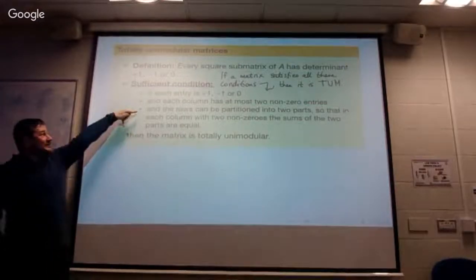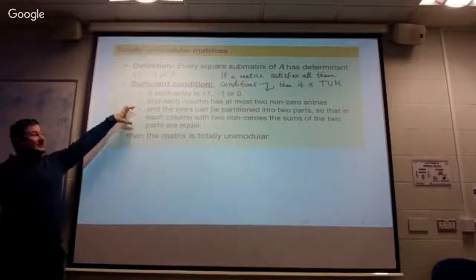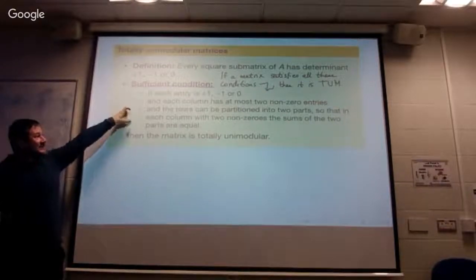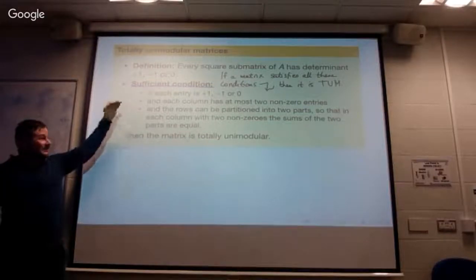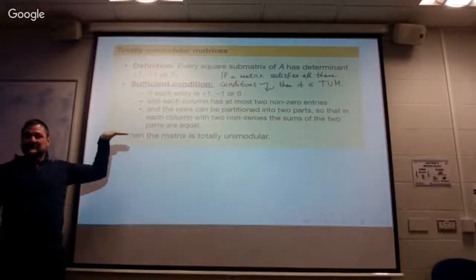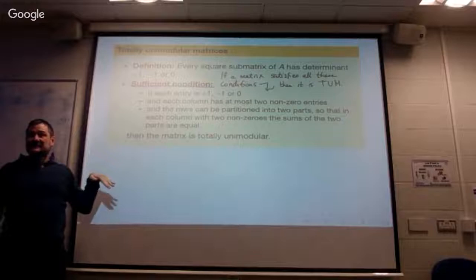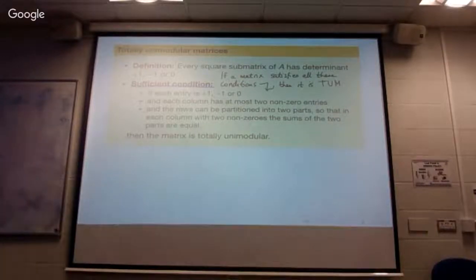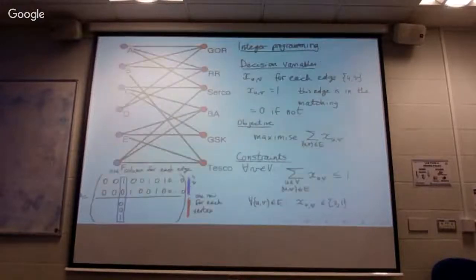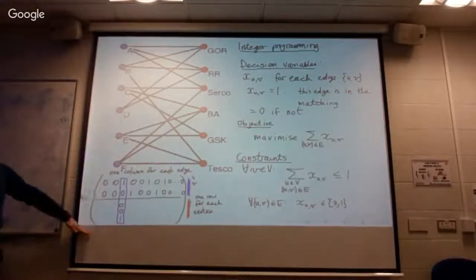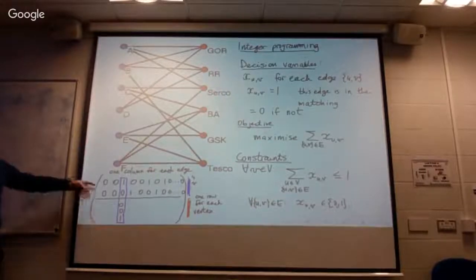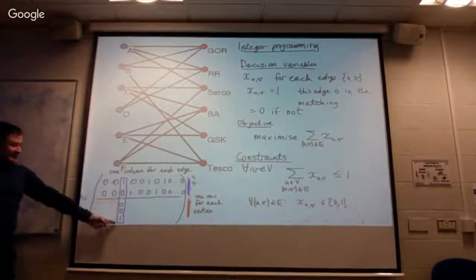Can we split the rows into 2 parts so that in each column, the sum in one part is the same as the sum in the other part? Yes, that's exactly what we've just done, because here I've split the rows into the blue vertex rows and the red vertex rows. The sum here is 1, and the sum there is always 1 for every column.